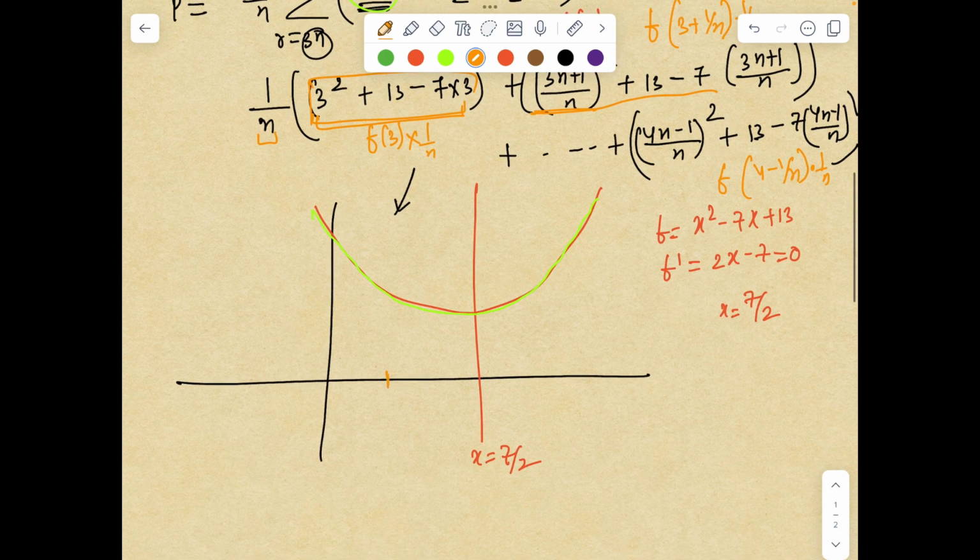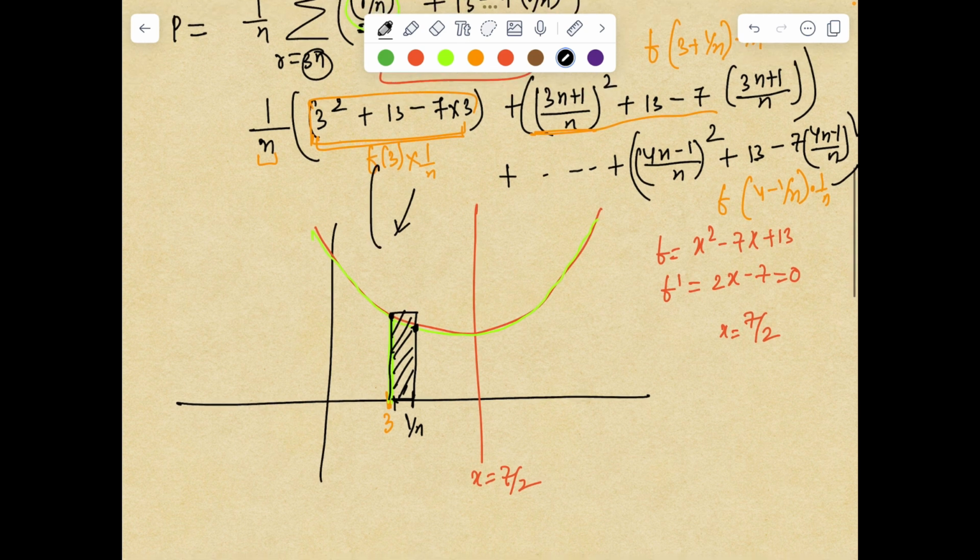So now this gives a feel to geometrically represent this, because the first term I can represent as the height at x equals 3 into, let's say, the size of this interval as 1 by n. So that will give me roughly this area. This bounded area is the representation of the first element.